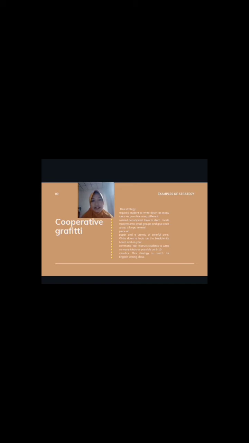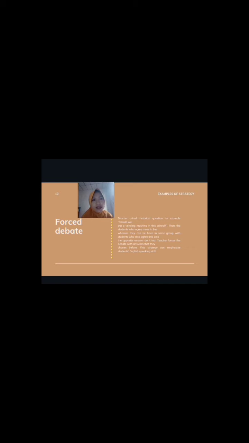And the second example is four-corner debate. In this example, the teacher influences what is conveyed by students who are debating. This strategy can emphasize students' English speaking skill.